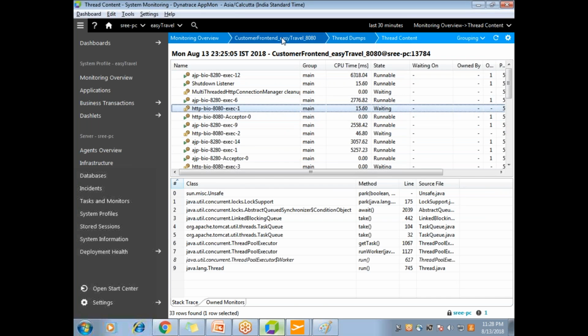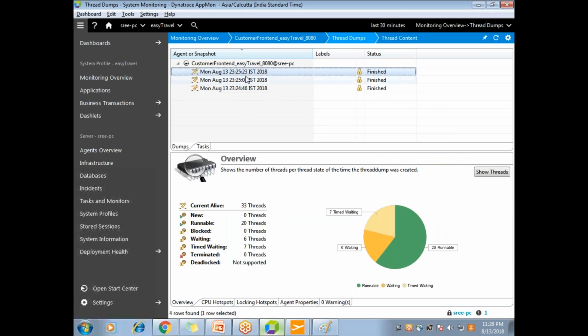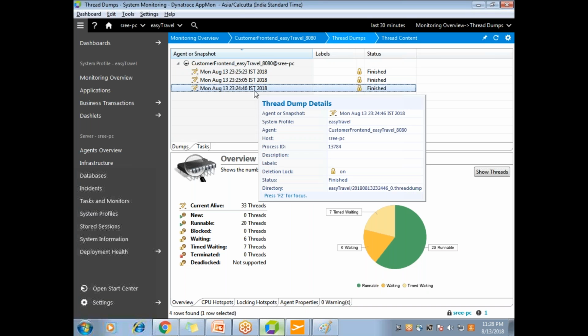You take the thread dump every 10 seconds and you look into each thread dump, and the same thread has been blocked continuously. Then you say that this thread is blocked for 20 seconds. 10 seconds and 10 seconds, 20 seconds, then definitely report that thread to the developer saying that this is being blocked for a longer period of time.